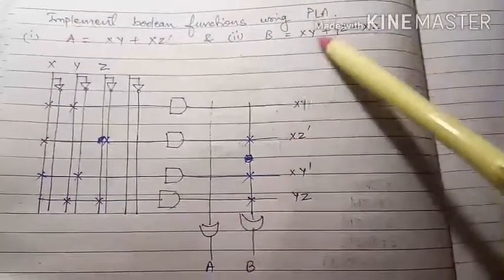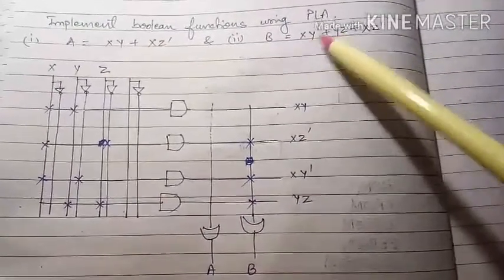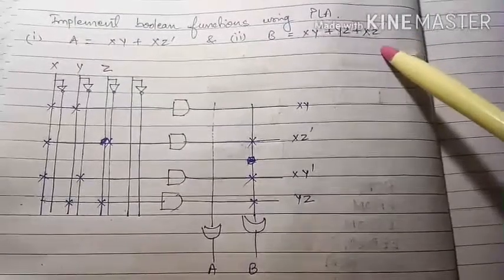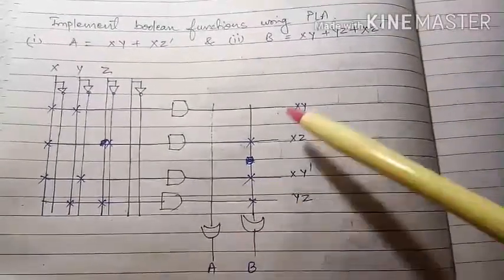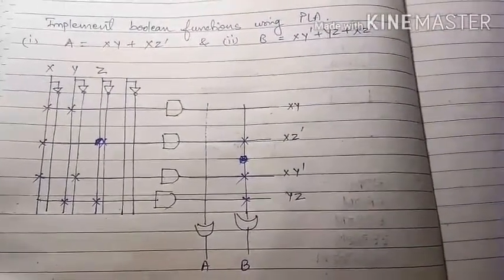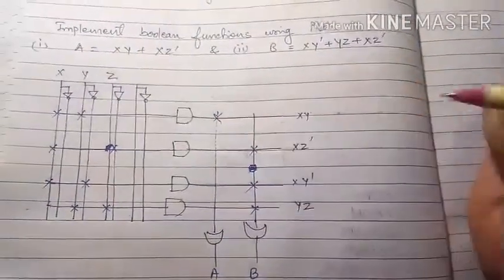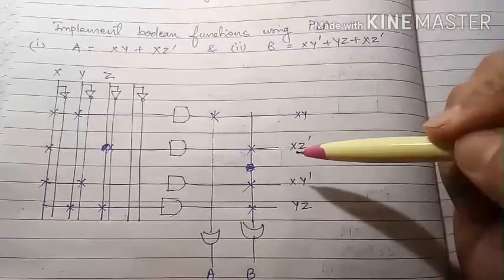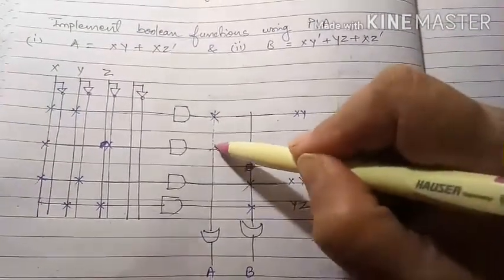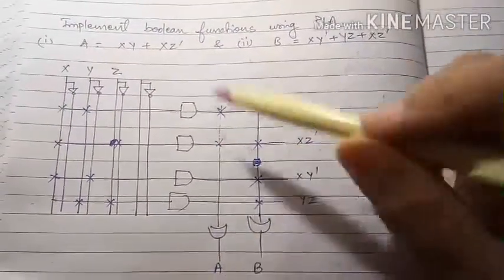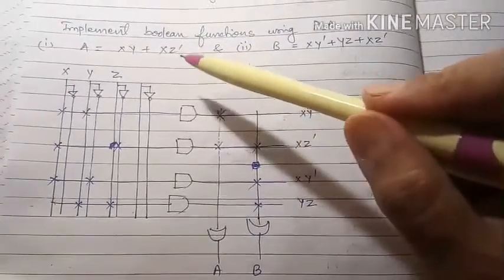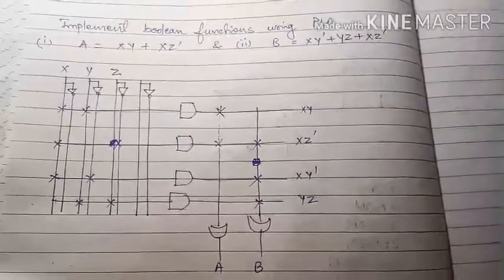So B is equal to xy dash plus yz plus xz dash. And for A we need xy and xz dash. So we will put masks over here. So A will be equal to xy plus xz dash.